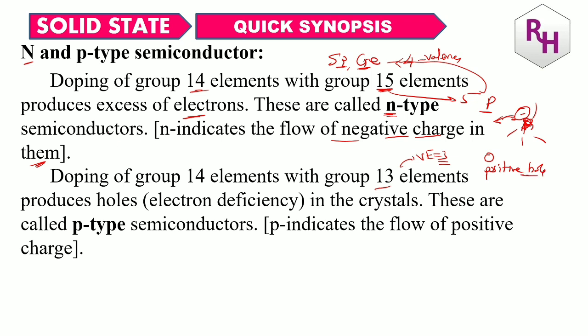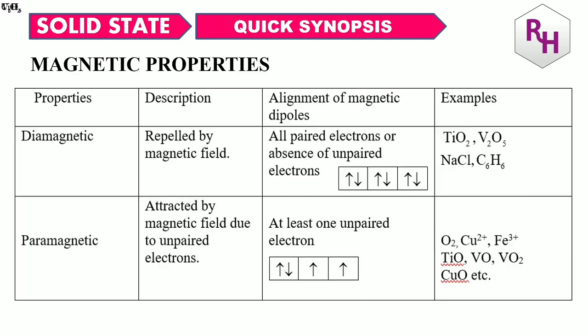That positive hole is indicated as P, and P indicates flow of positive charge. Actually, positive charge will not be there. The positive hole carries the electron. So the positive hole is responsible for the current carrying capacity, that is P type semiconductor.